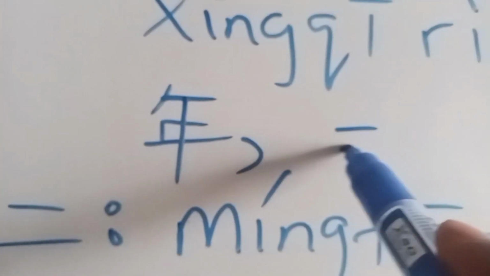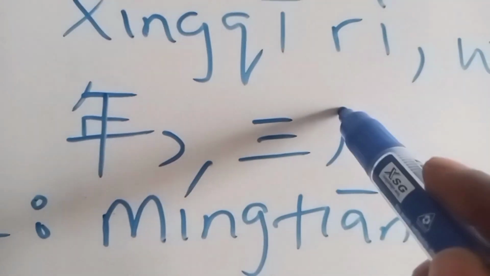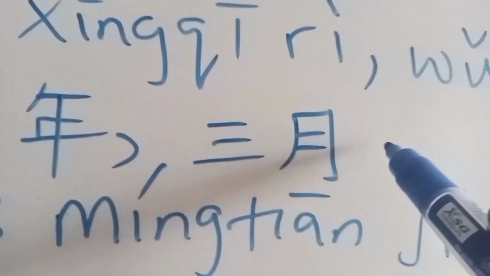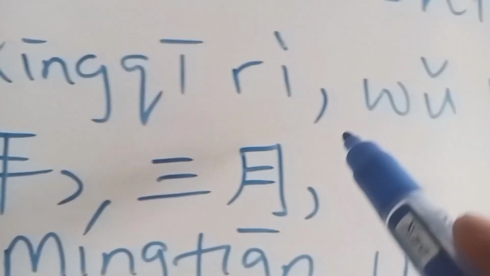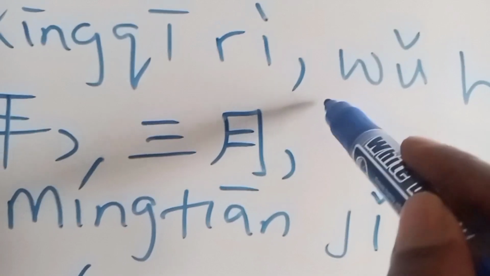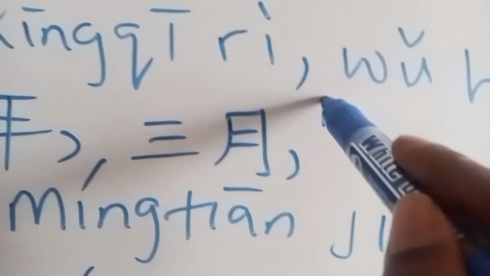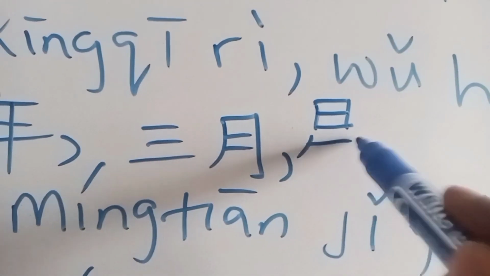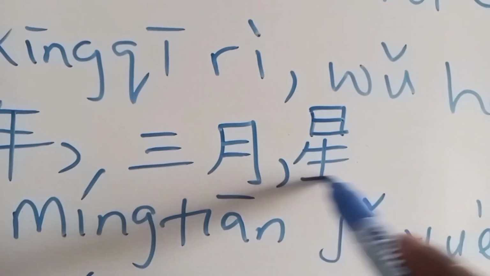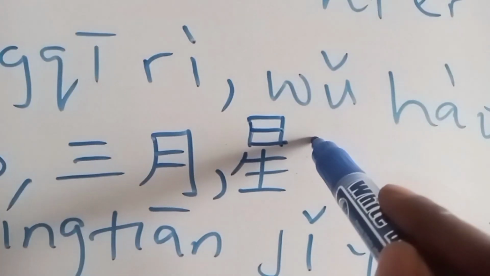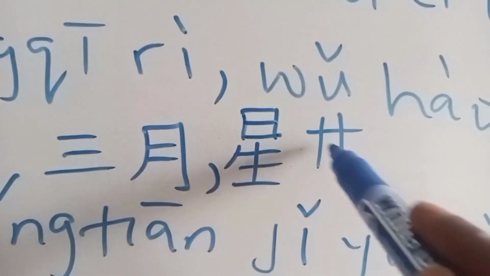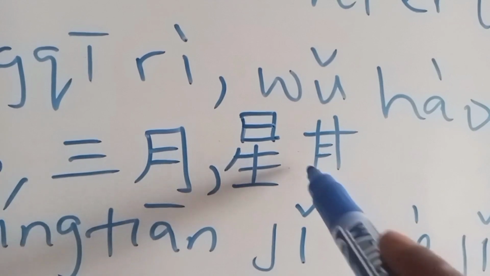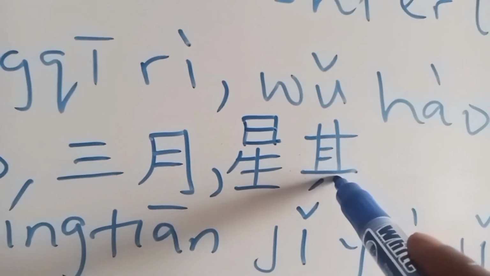3月. That is March. 3月. Our comma. 星期日. So I told you that 星 is this, 日 will be on top. Then 香 will be under. This is 星 and this is 期. 1, 2. Cover it. Do like this.